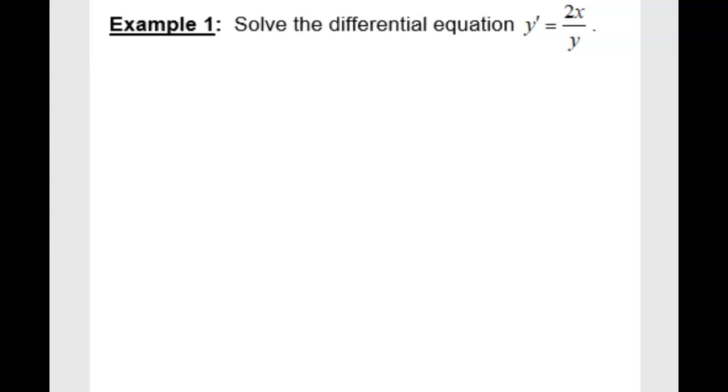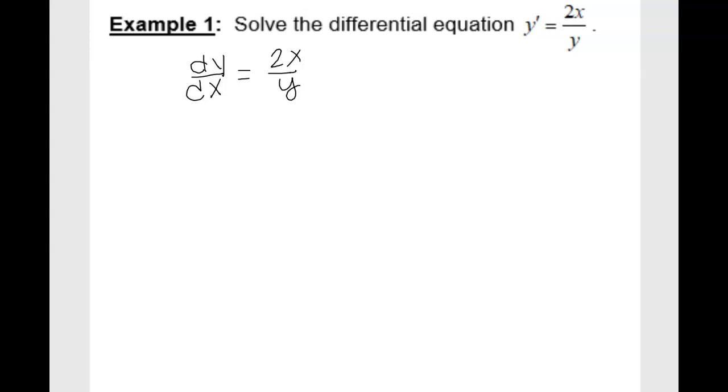We still need to use the strategy we used in the previous 3 examples, where I get the x with the dx, the y with the dy. Remember that y prime is really just another way of saying dy dx. So y prime equals 2x over y is really the same as dy dx equals 2x over y.